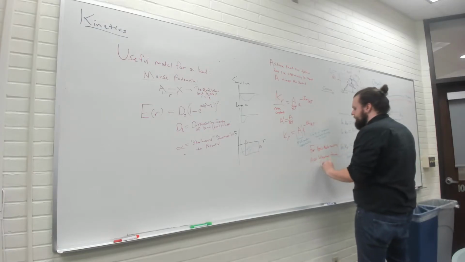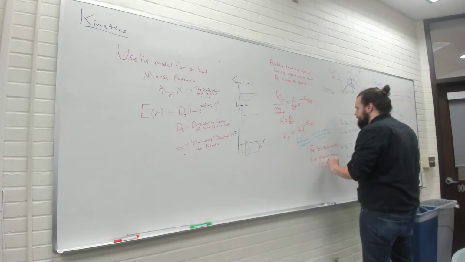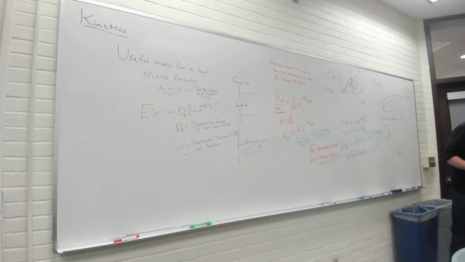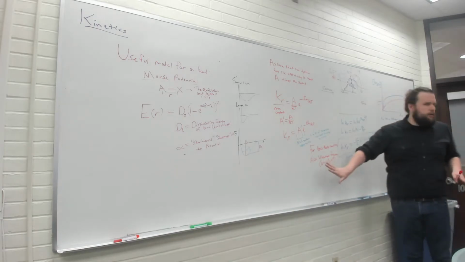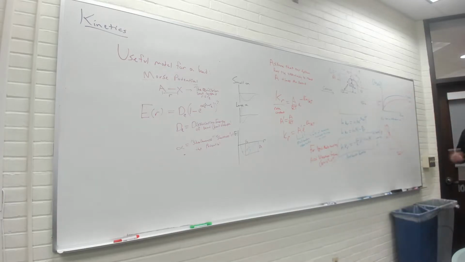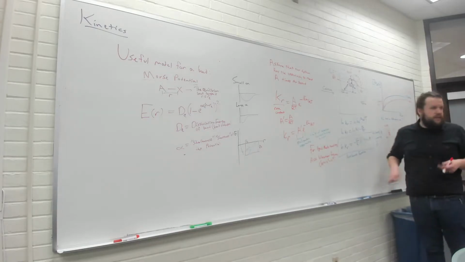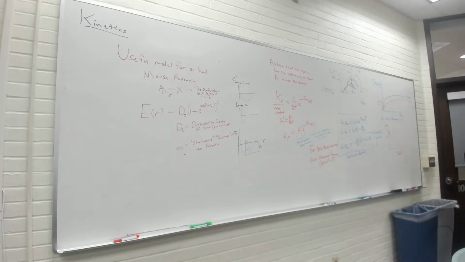That means A tends to be on the order of 10 to the 12 to 10 to the 15, if not more. So on average in liquid phase, 1 mole, just kind of normal standard state, A tends to be kind of on the order of 10 to the 10. So that usually means reactions occur basically once every femtosecond to picosecond, which is a common rate for most reactions.